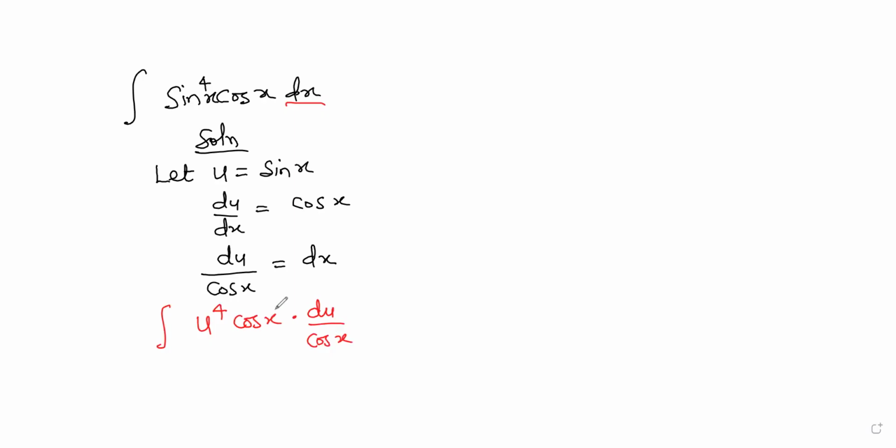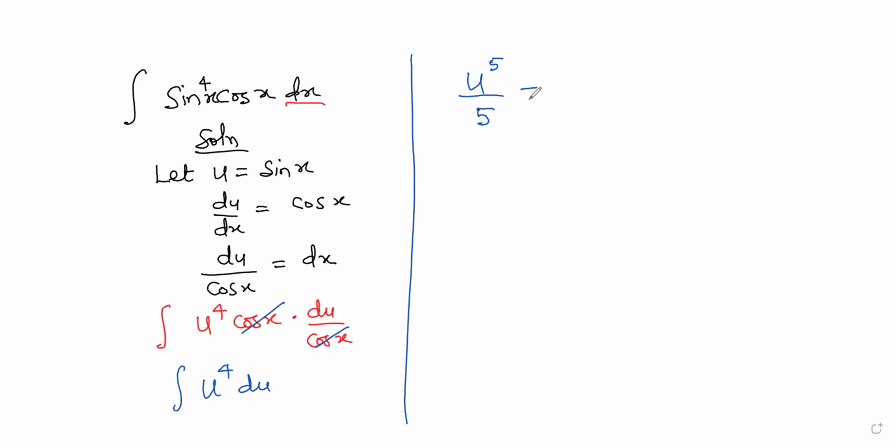So you realize that cos x will cancel. We are left with u raised to the power 4 du, which we can integrate now. If I integrate u raised to the power 4, I get u raised to the power 5 divided by 5 plus your constant of integration.